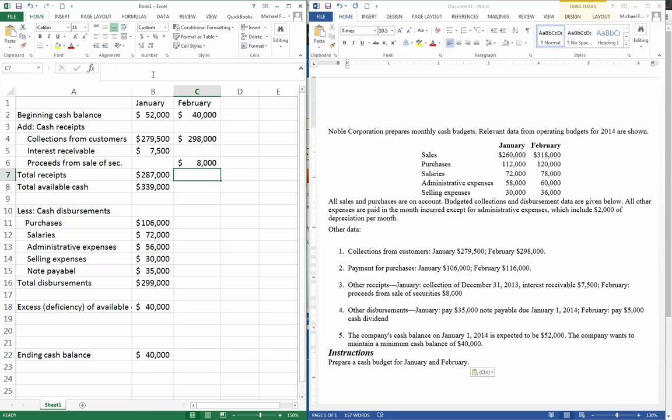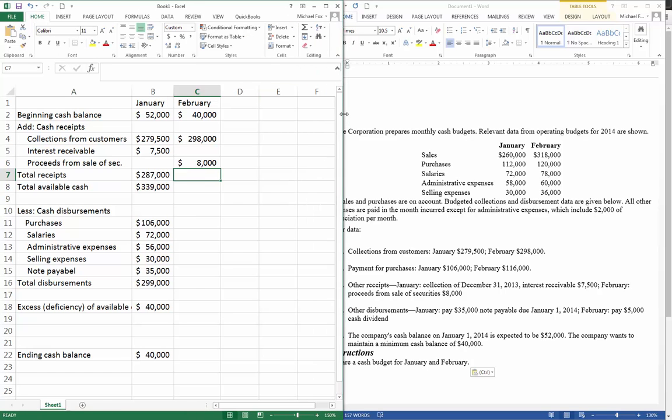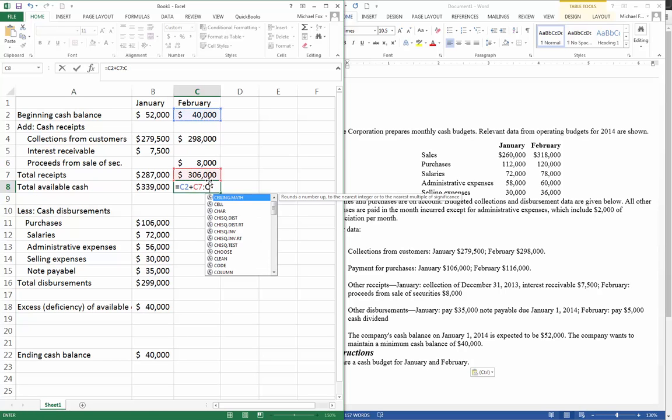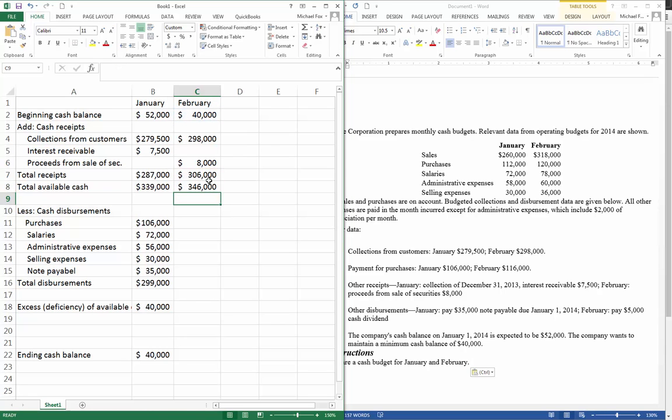So again, our total receipts, and then our total available cash will equal our beginning balance plus our total receipts, or $346,000.